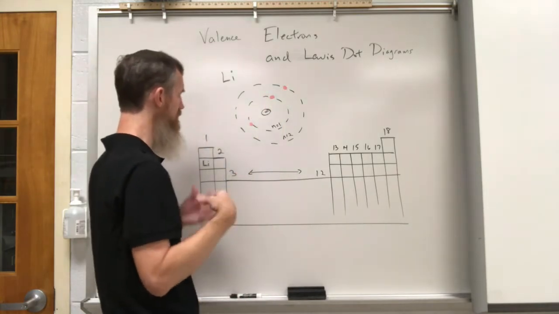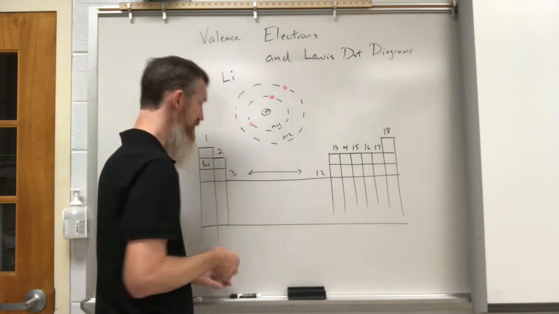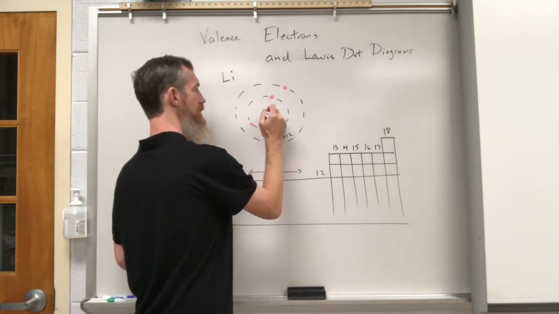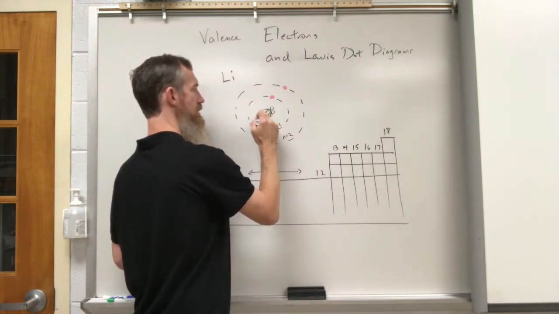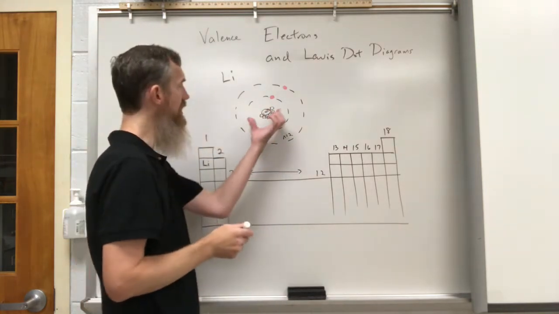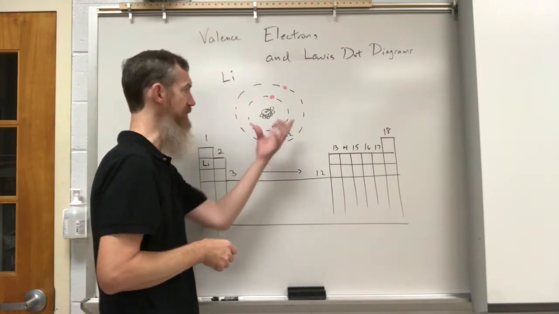So here, for example, I have lithium. Lithium has an atomic number of 3, so there should be a +3, there should be 3 protons here. 3 protons, and it's going to have some neutrons. That's my nucleus, right? Electrons live on the outside. Well, if I have 3 protons, I better have 3 electrons.